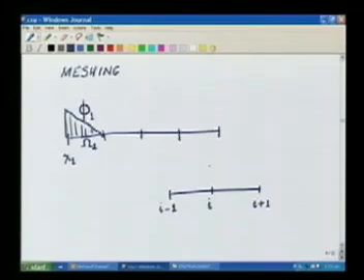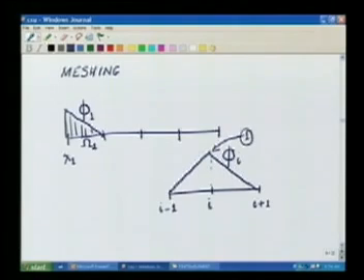If I now define phi corresponding to the node I, then phi will be this function, such that it has a value 1 at point I, and at point I minus 1 and at point I plus 1 it is 0, and I'm going to extend it in the full domain with the value 0. So if I have elements here, this function will have a value 0 everywhere else.